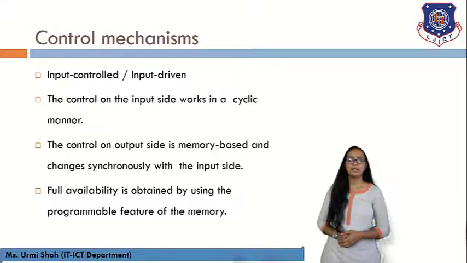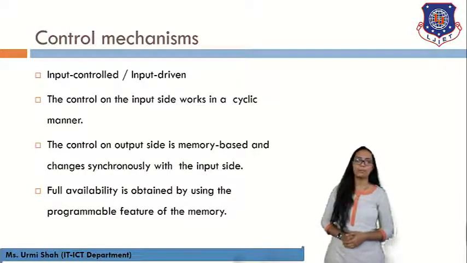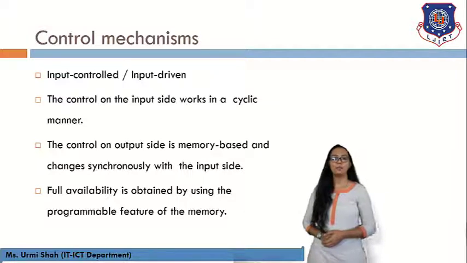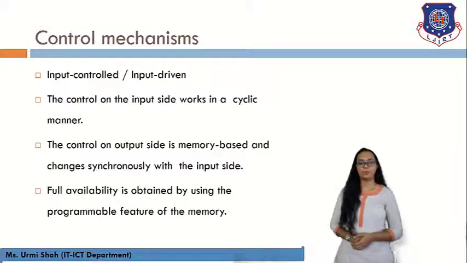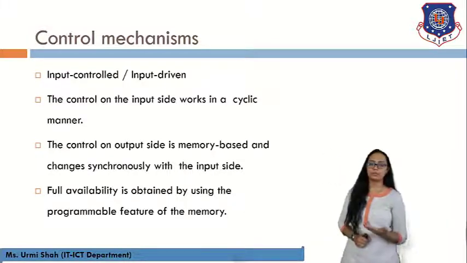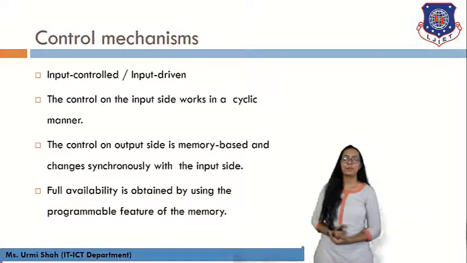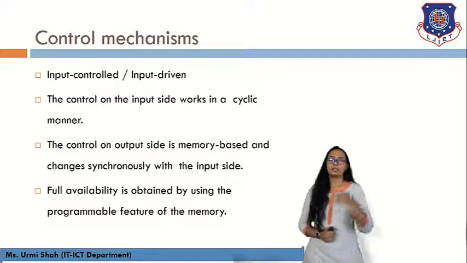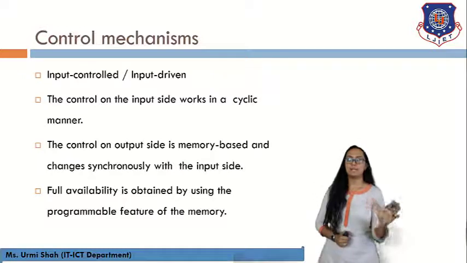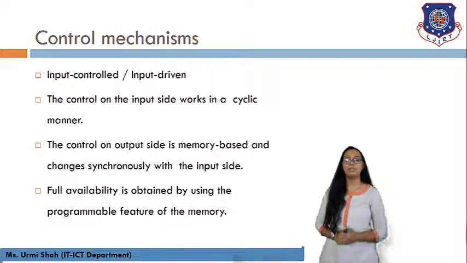Full availability is obtained by using programmable feature of the memory. Programmable feature over here means that if I have a certain amount of memory space, and if I want to save lots of data compared to the size of memory, at that time we need to do programming by having equal allotments of memory to equal amount of data.